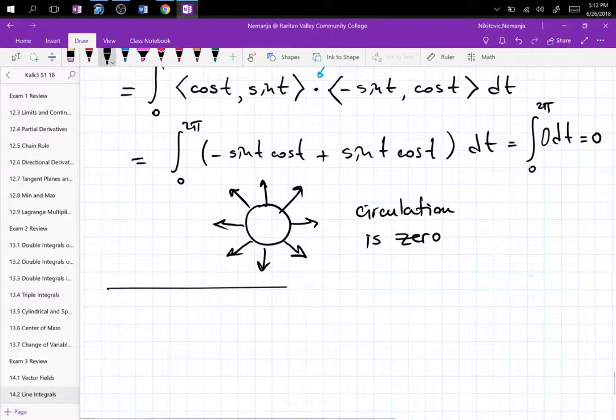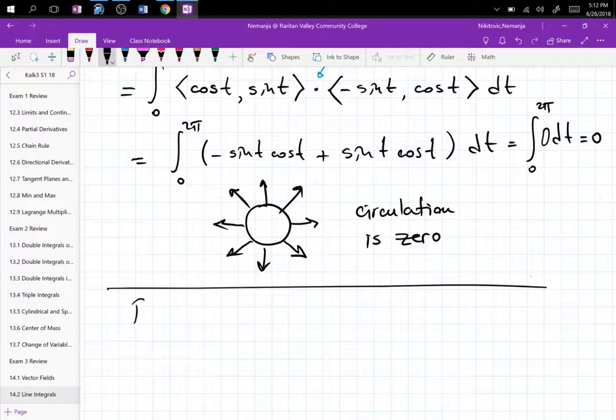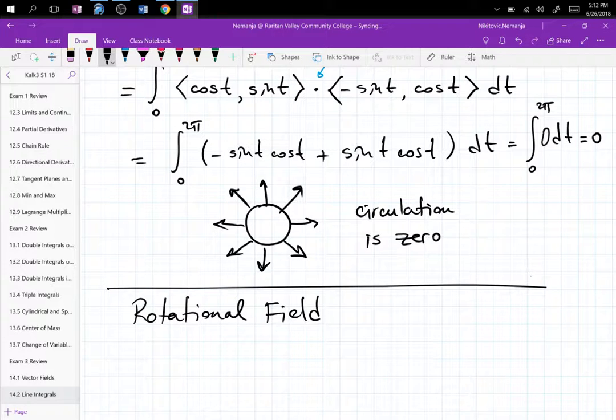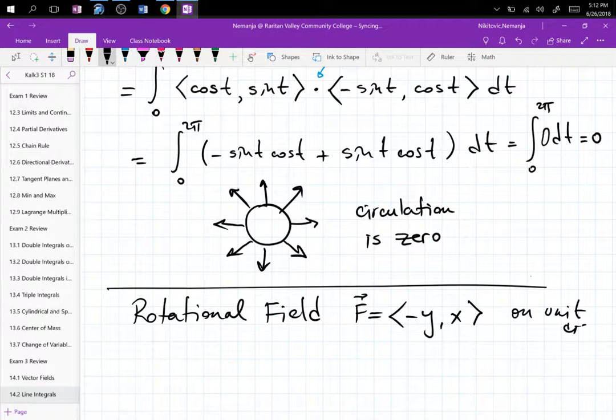Now, if we take a look for the circulation using rotational field, and I have rotational field F that is going to be given as negative y, x, again on unit disk, I have the same parameterization.